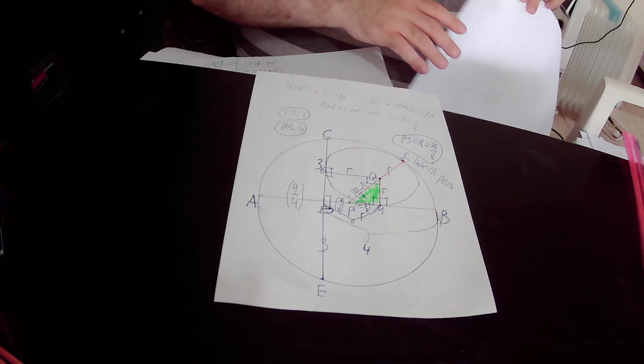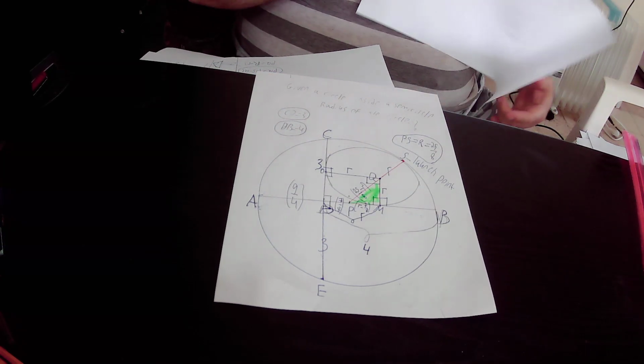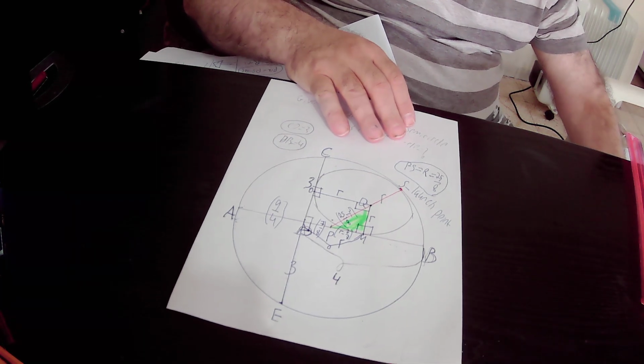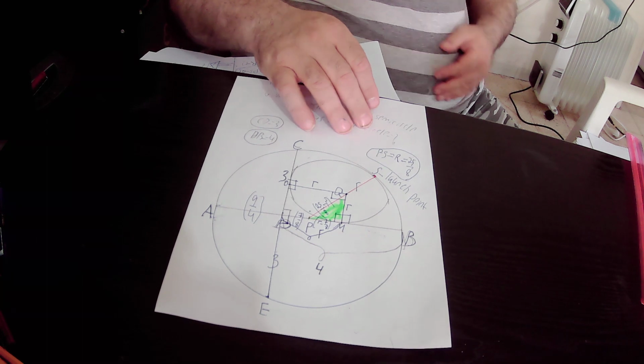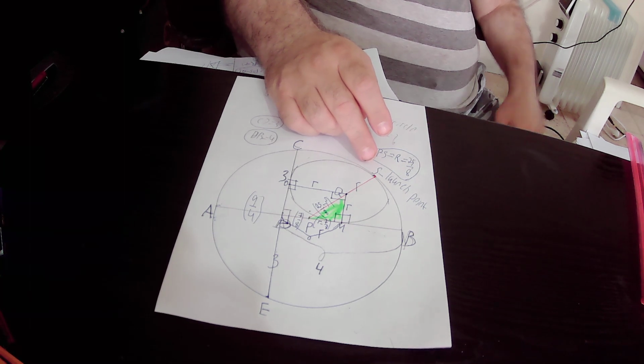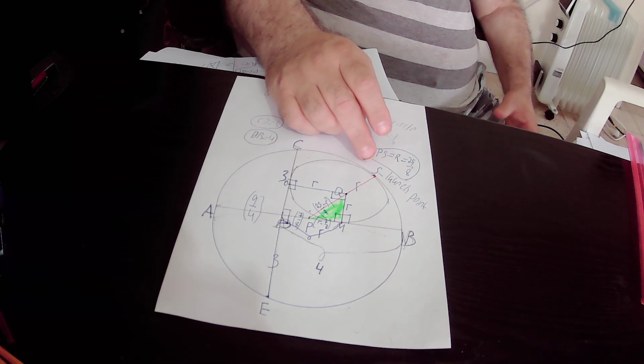Okay, in the next step, we have point S. We define this point as point S. Point S is the touching point of the small circle with the big circle, and it is also the point of tangency of the two circles.